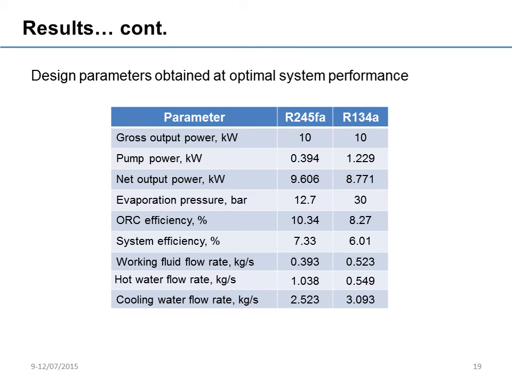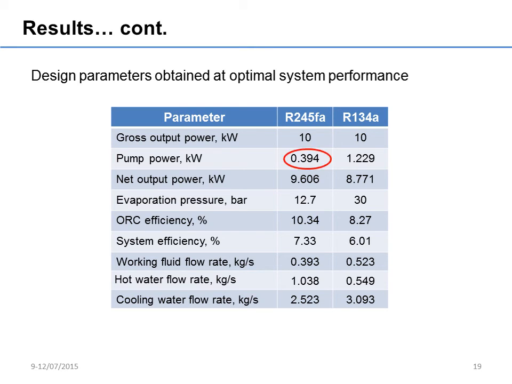After conducting the sensitivity analysis to see the effect of different parameters on the system performance for the two working fluids, the comprehensive calculation results for the two fluids are obtained at their optimal system performance to make a comparison between these two fluids to produce 10 kilowatt gross output.